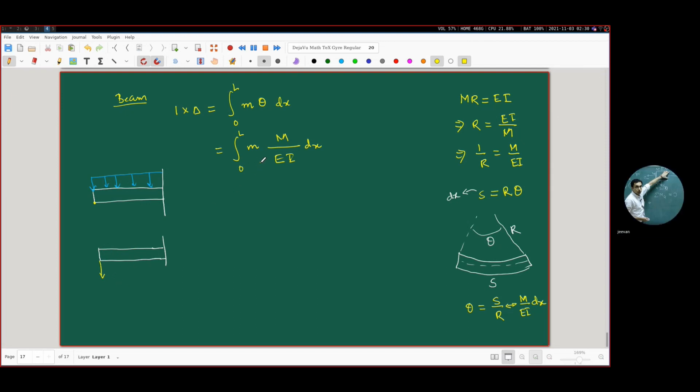So this m corresponds to the virtual force in the absence of the applied loading, all along the beam, and this M by EI is just the expression for theta. Overall, this gives you the virtual work associated with the internal forces. And here also you have directly a recipe for obtaining the deflection, provided you substitute the appropriate values here.